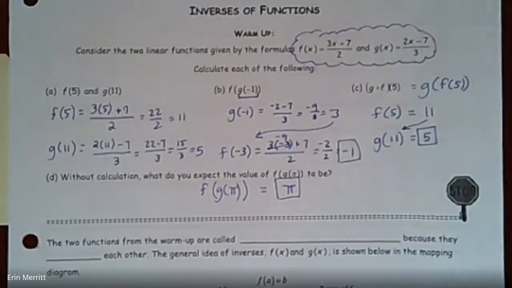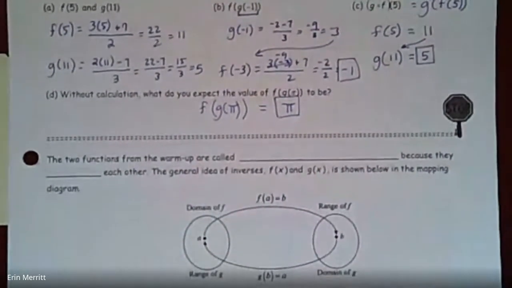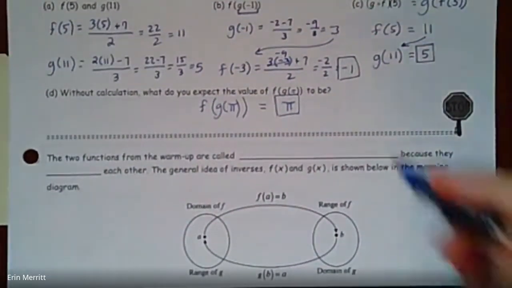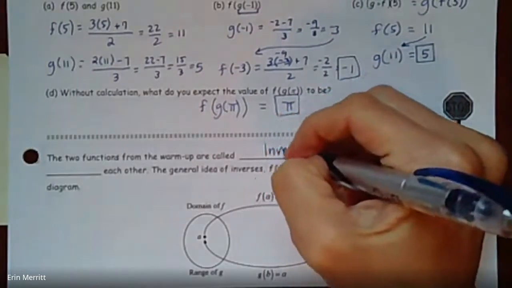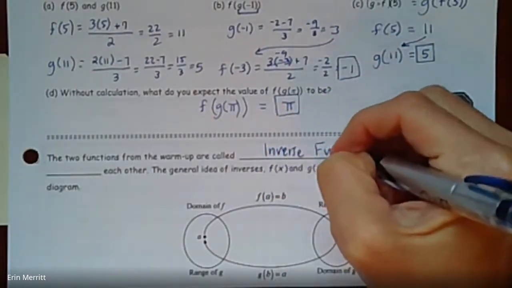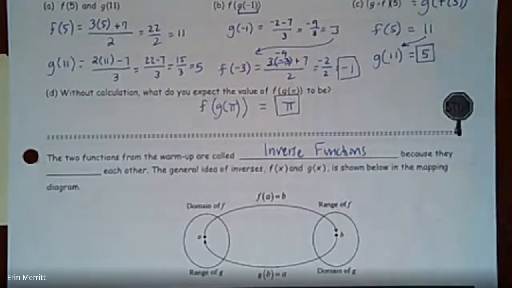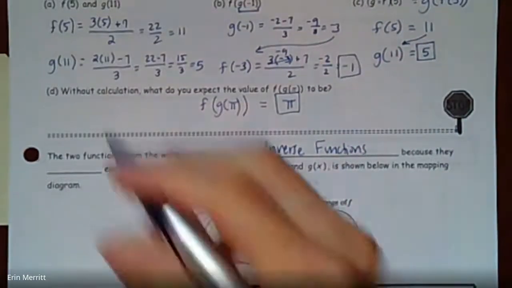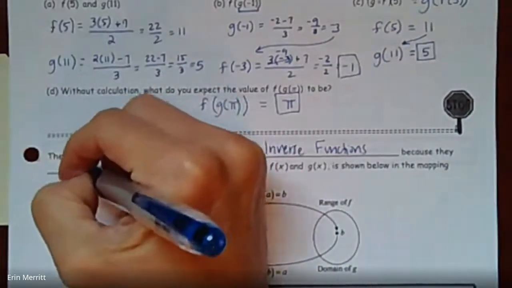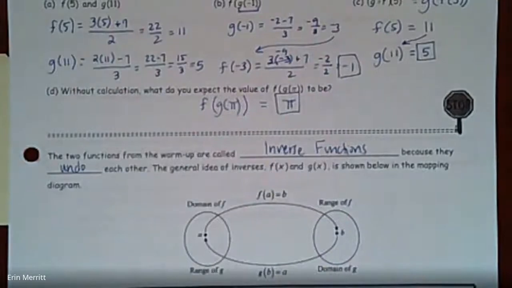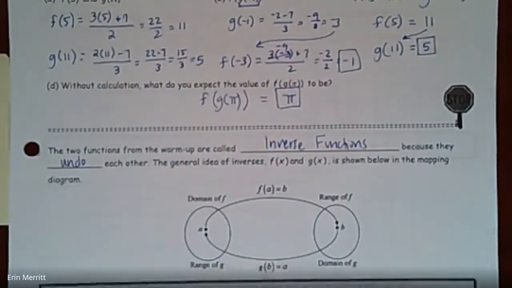we're talking about. So here, when it says that two functions from the warm-up are called inverse functions because they blank each other, we're simply going to say because they undo each other. So whatever the one function does, the second one brings you right back to where you started. Right?